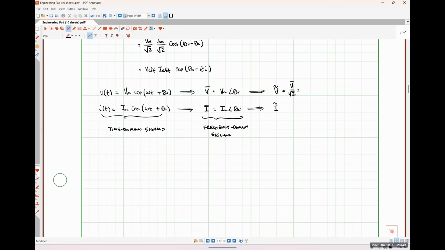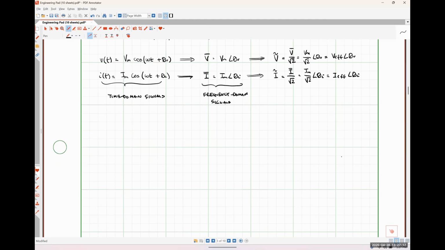So this looks like Vm over root 2 with an angle of theta V, or V effective with an angle of theta V. My RMS phasor current has the exact same relationship: I divided by root 2 looks like Im over root 2 with an angle of theta I, or simply I effective angle theta I.